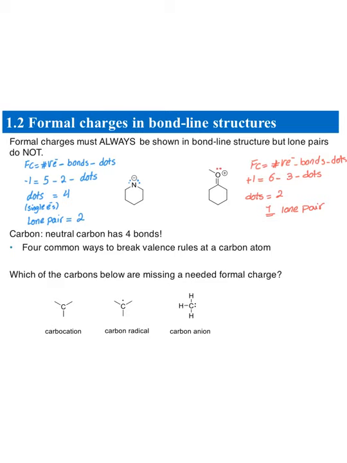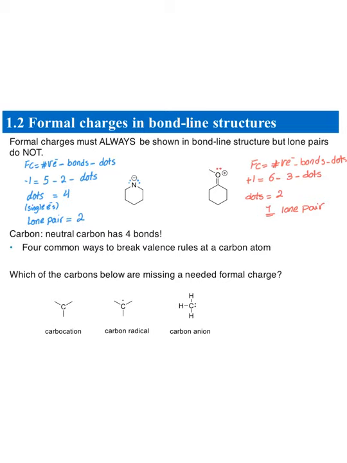Now, for carbon, let's answer the question below. The question is asking, which of the carbons below are missing a needed formal charge? So the first one is a carbocation.